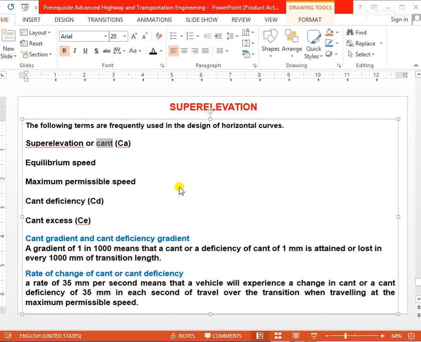But in normal cases, for all the trains except Rajdhani, some speeds are provided, some rules are provided for speed.